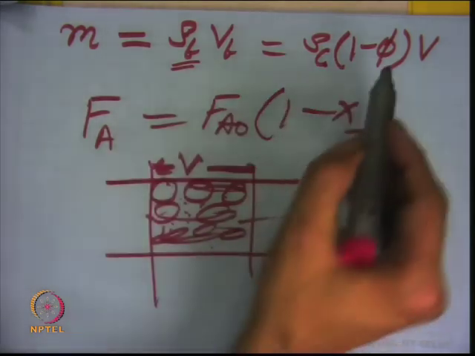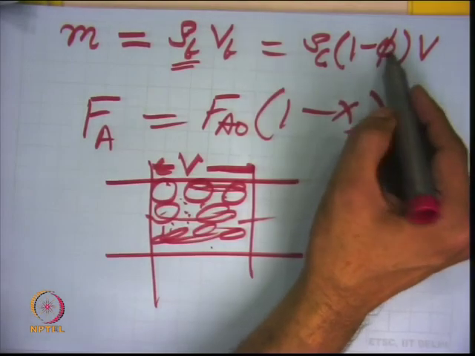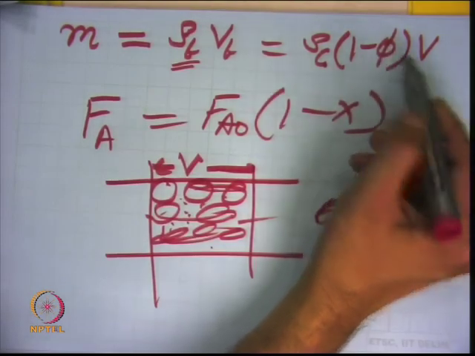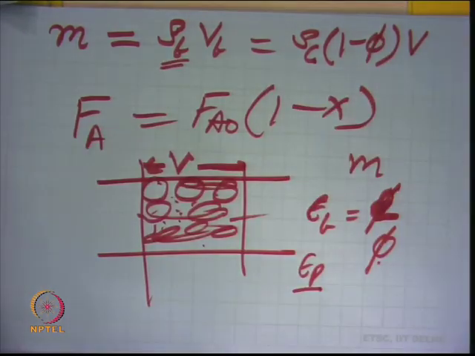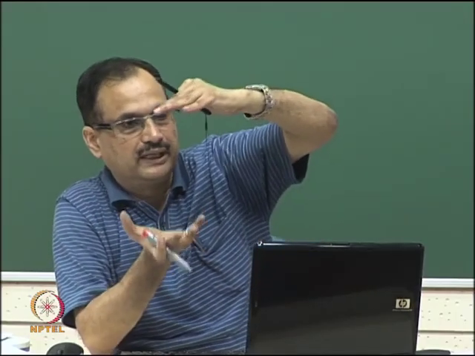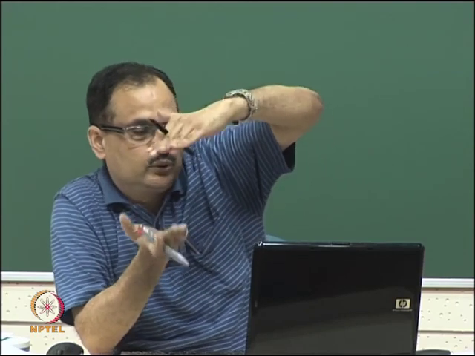So, basically this phi is the void bed fraction, and 1 minus phi is the solid fraction. When you size a reactor, the catalyst will be placed in the reactor, so the actual size of the reactor will be larger compared to the volume of the catalyst.